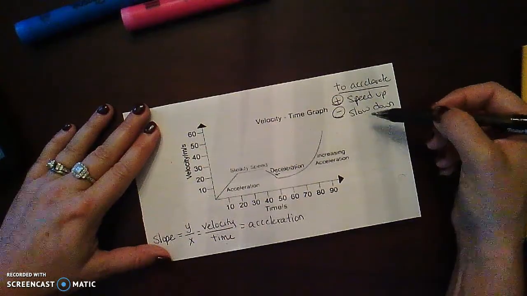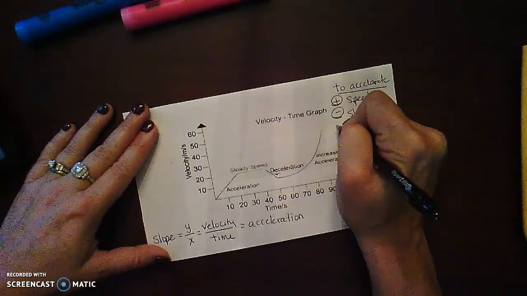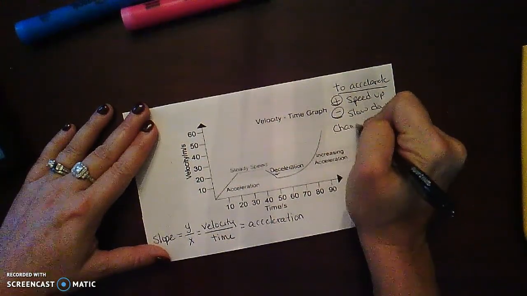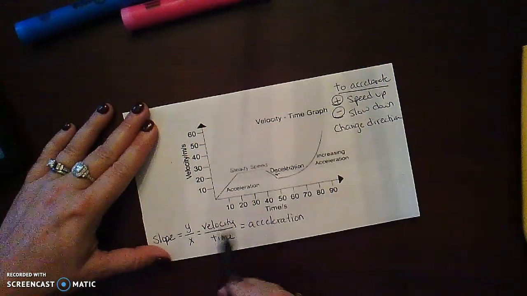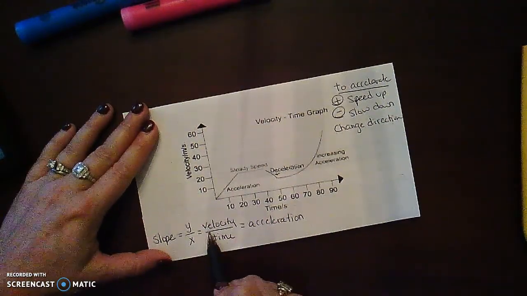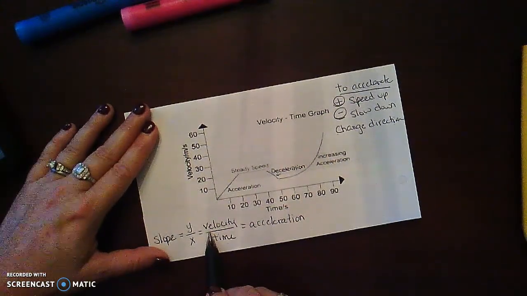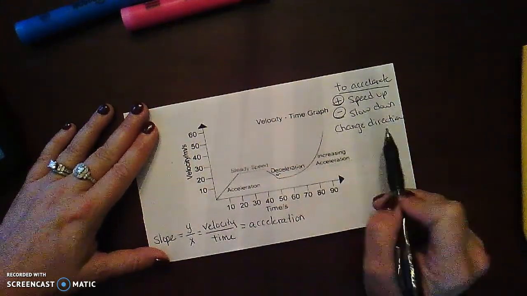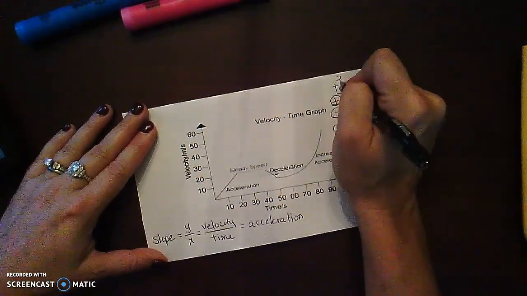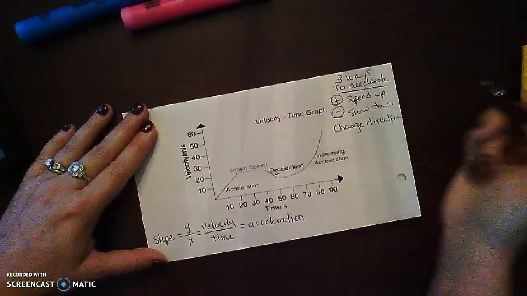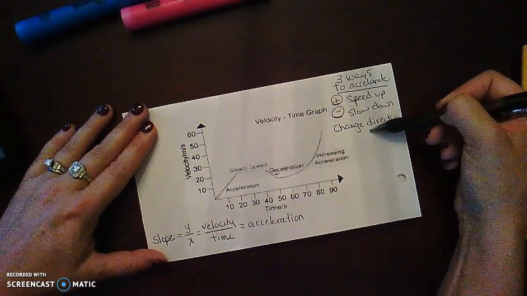You're hitting the brakes. Or the other way that you can accelerate is to change direction. Because if we're changing velocity, remember velocity is speed with a direction attached. So our velocity would change if our direction changes. So the three ways to accelerate are to speed up, slow down, and change direction.